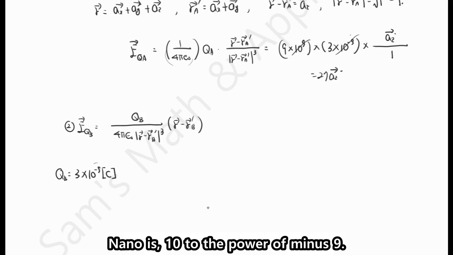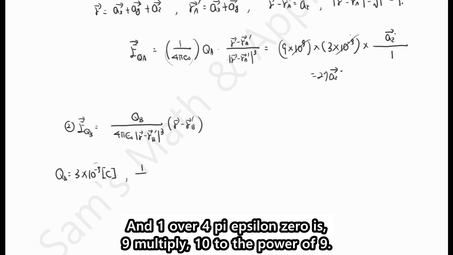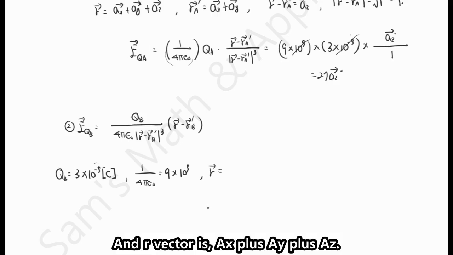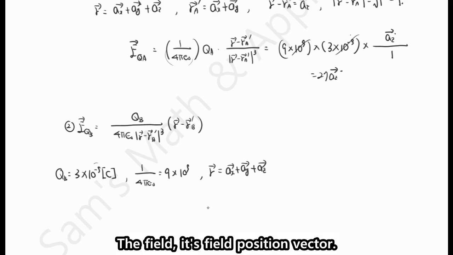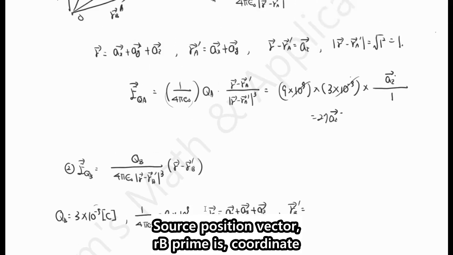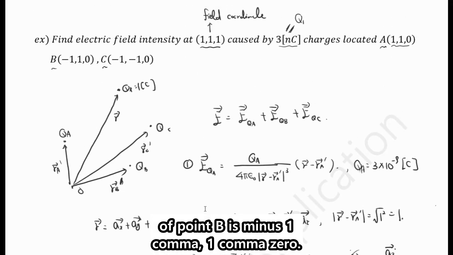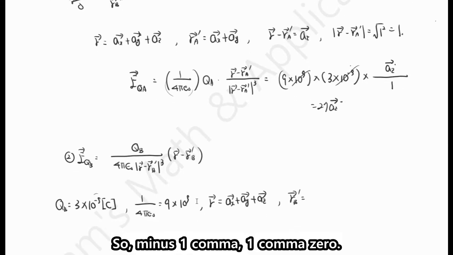Nano is 10 to the power of minus 9, and 1 over 4 pi epsilon 0 is 9 times 10 to the power of 9. R vector is AX plus AY plus AZ. The source position vector RB prime is the coordinate of point B, minus 1, 1, 0.